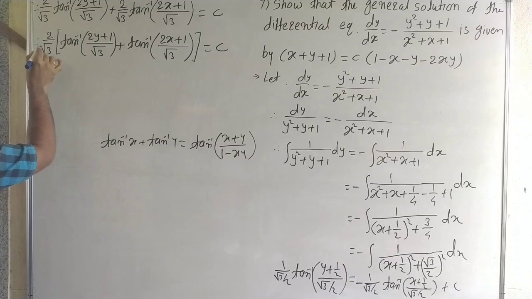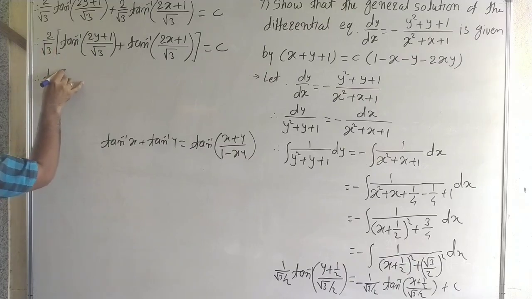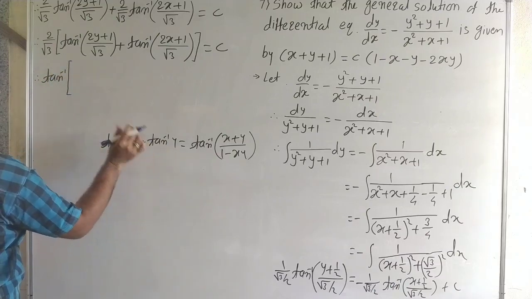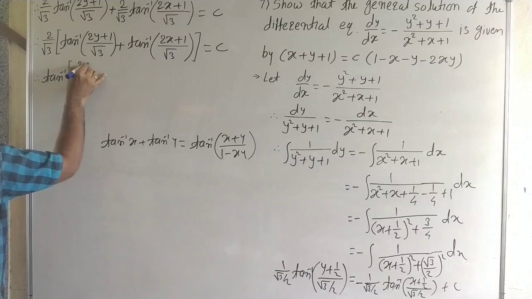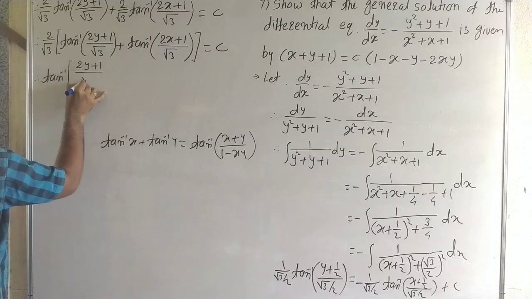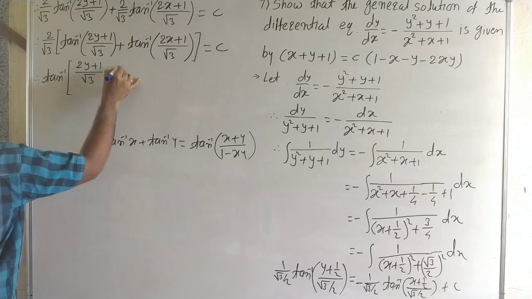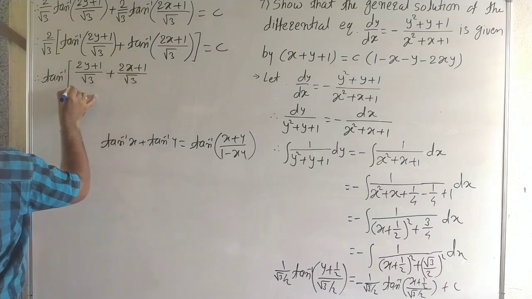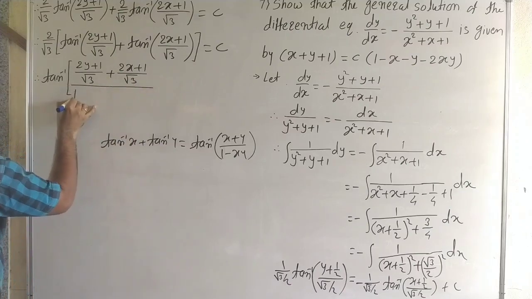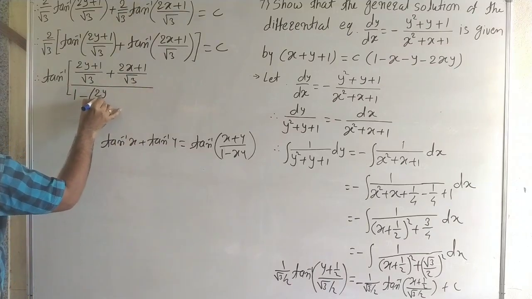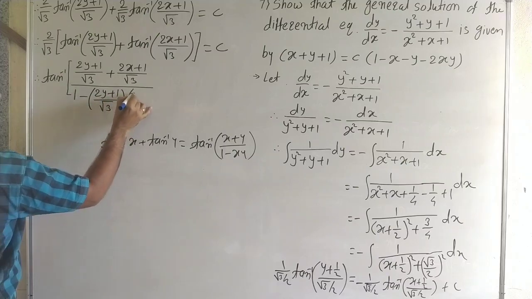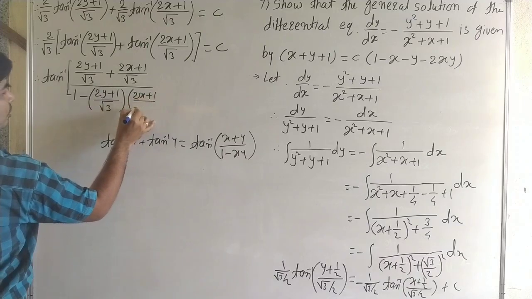Or we write it as tan inverse, see carefully, tan inverse of, here we use this formula, 2y plus 1 upon under root 3 plus 2x plus 1 upon under root 3, whole upon 1 minus 2y plus 1 upon under root 3 and 2x plus 1 upon under root 3.